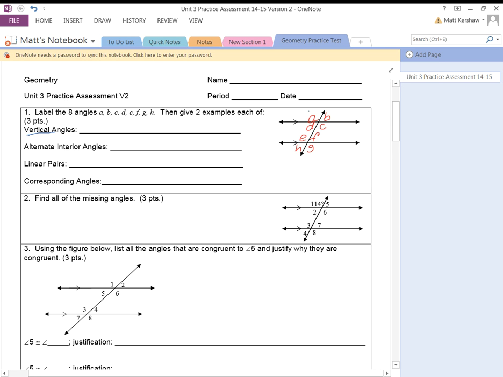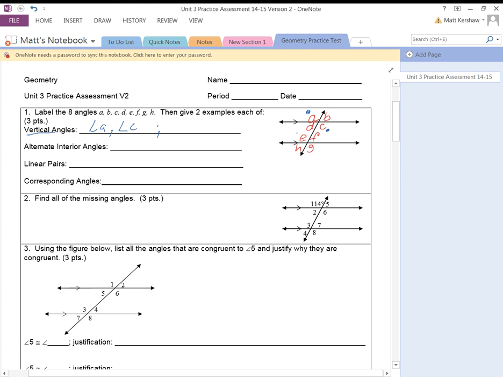So this angle and this angle are vertical angles. So angle A and angle C. And let's give another example.